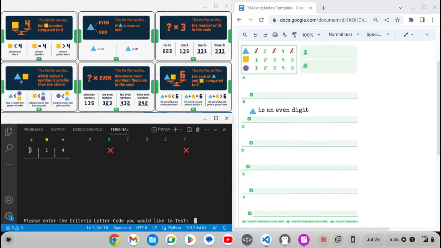Notice I do have a 3 for triangle and 1 for square. Its sum is 4, which is less than 6, but it's telling me it can't be that. So either the sum of triangle and square is either 6 or greater than 6. So let me go ahead and put that in my notes.